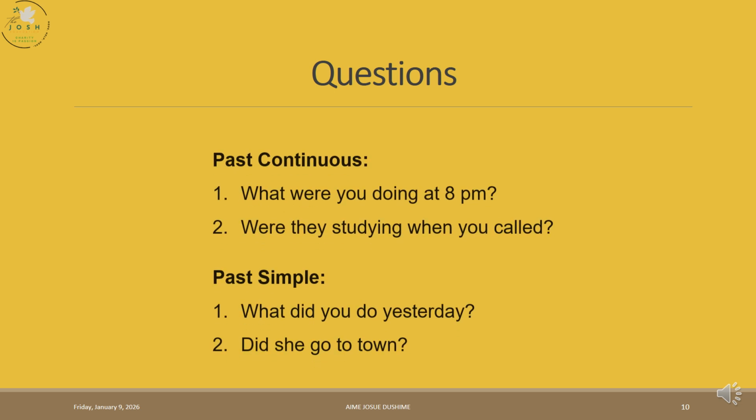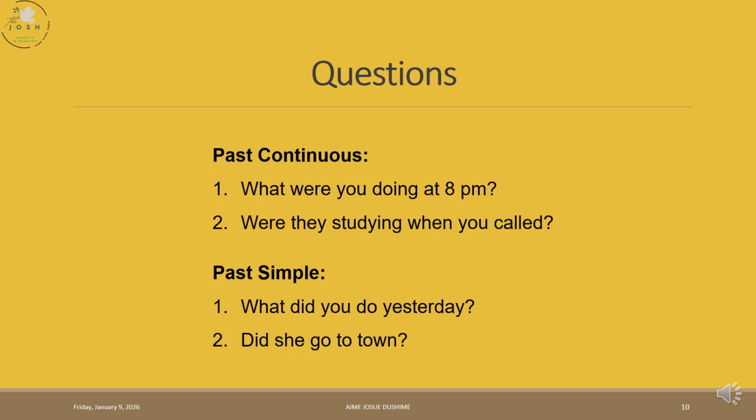The question format. Remember we learned the first lesson of A2 was asking questions in English, where we saw that you can ask using a WH word. When we ask a past continuous question, WH plus was or were plus subject plus verb ing form.